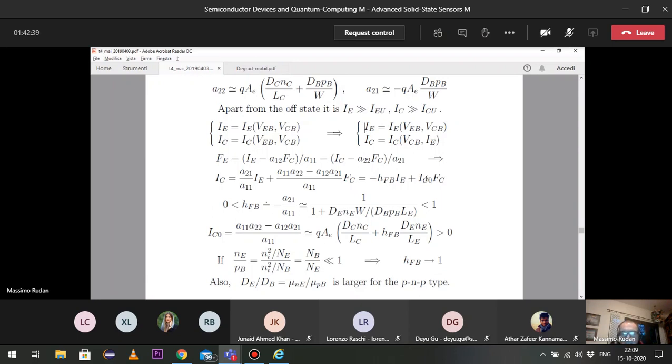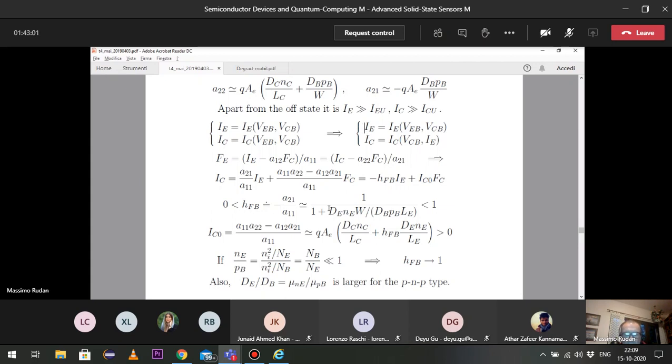Given that, let's now go back to the gain. What we need is that the gain HFB, which is by construction a number between 0 and 1, be as close to 1 as possible.